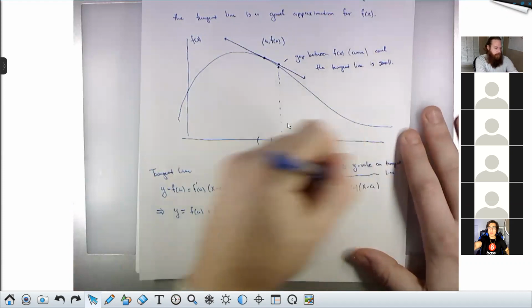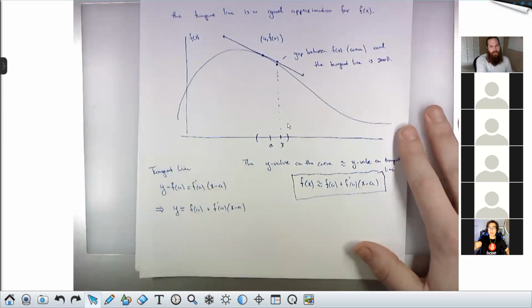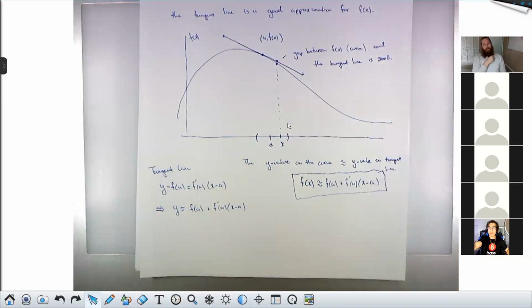And this is what's called the linearization of f at a, or the linear approximation for f of x near the point a comma f of a. And the whole idea there is that if you stay close to the point of tangency, as long as you don't wander too far away from this point, this line will stay pretty close to the curve.